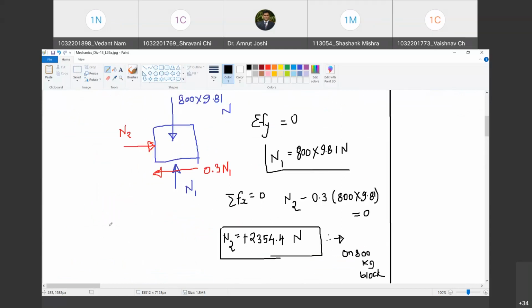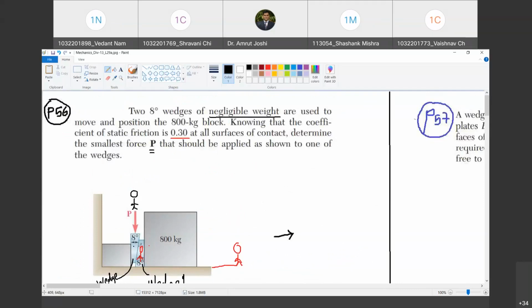Let me explain the logic once more. In this free body diagram, I want to show the frictional force applied by wedge 2 on wedge 1. So I have stationed the observer on wedge 2. As wedge 2 moves down, the observer on wedge 2 will feel that wedge 1 is coming up. Are you with me? Yes, sir. Therefore, the frictional force offered by wedge 2 on wedge 1 will be opposite to that.